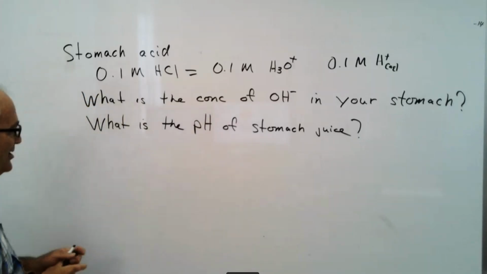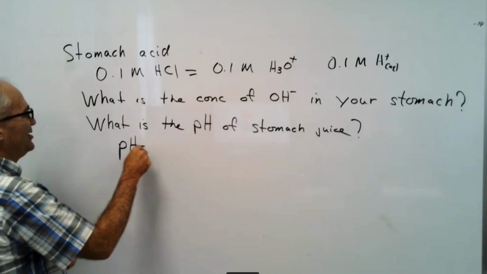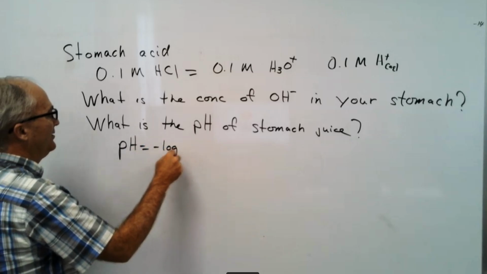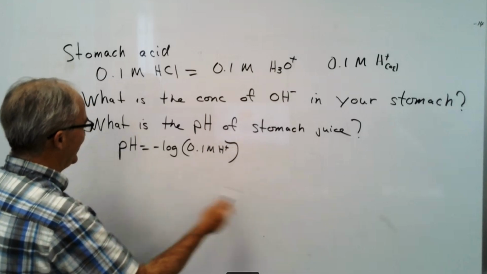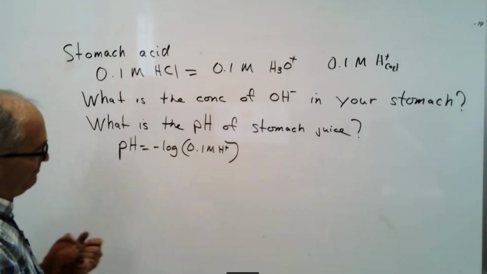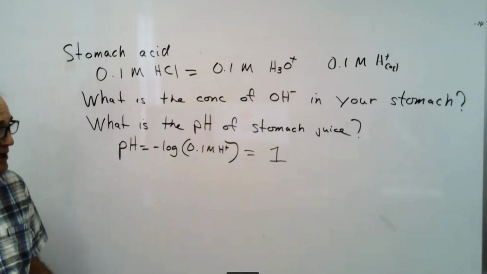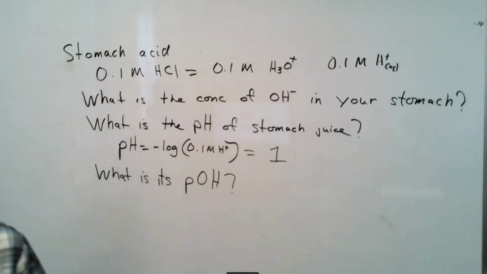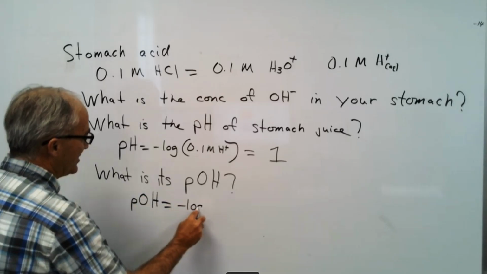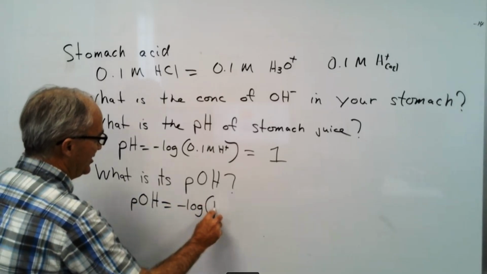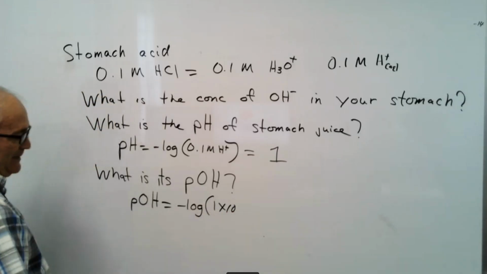Right, so what's our definition of pH? pH equals negative log 0.1 molar hydrogen ion. Alright, so pull that out on your calculator. That's a good acidic pH, right? What is its pOH? Yeah, what we saw first, and that was hydroxide ion concentration. And do you remember what it was?